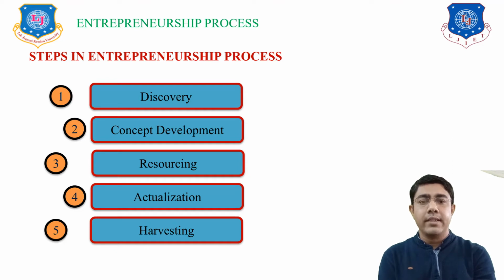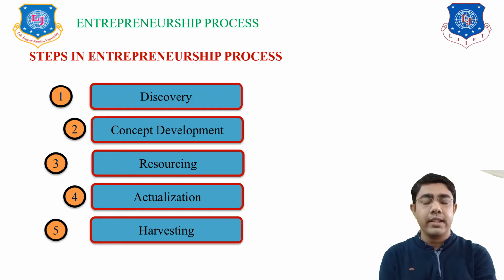After the idea generation, the next step is to develop the concept, or to draw up the business plan. The third step is resourcing. To run the business plan we need resources, so in this step the resources are identified and acquired.